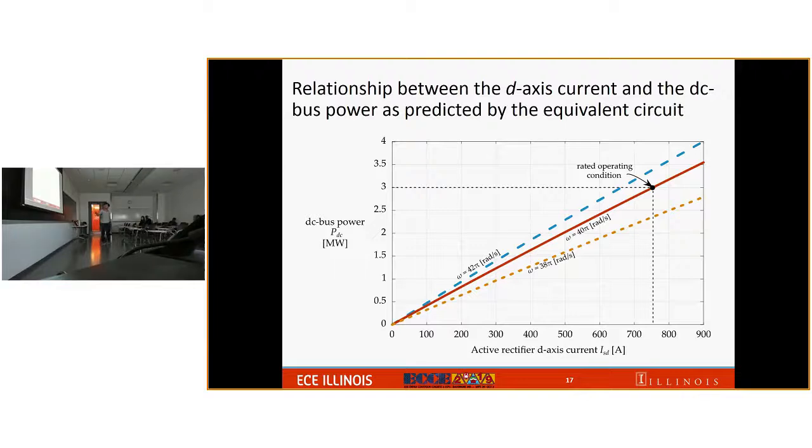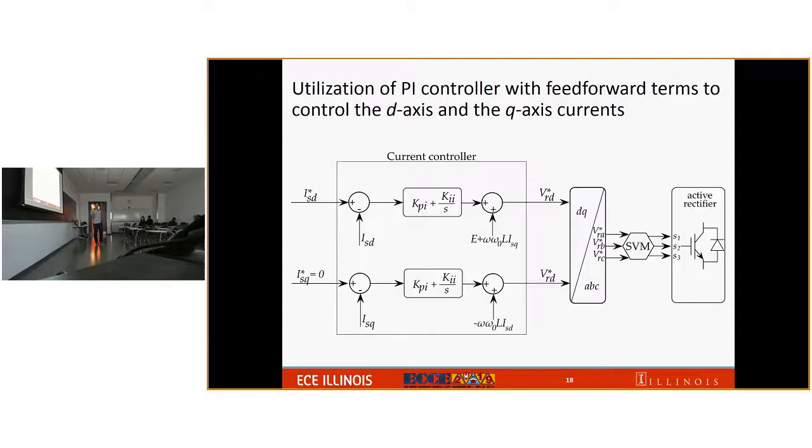When the generator rotates at lower than the rated speed, you can still have the power control capability. And when it rotates higher than the rated speed, you still have the power control capability. In order to control the D-axis current, we use a standard PI controller with feed-forward terms. Following this diagram, this is standard, so I won't go into too much detail here.